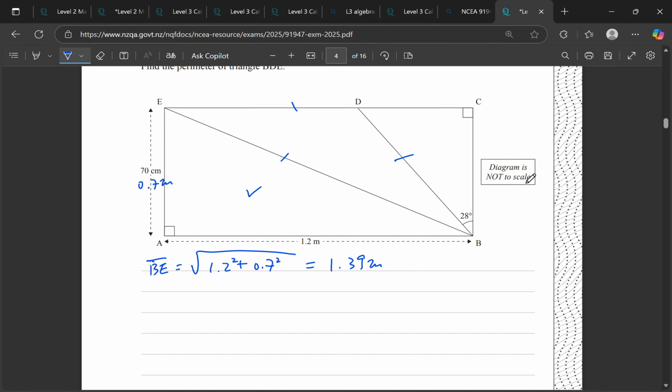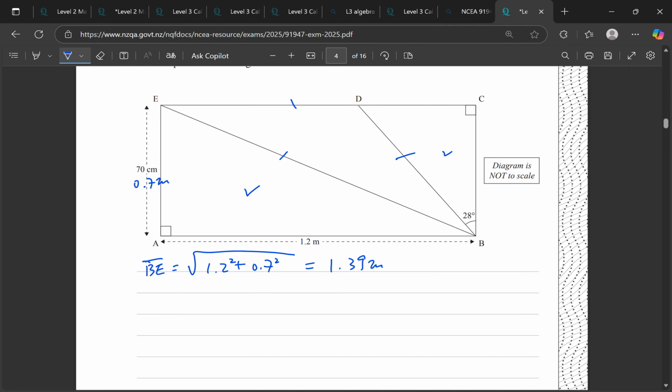Then from this triangle I can find BD. Use cosine because that side is 0.7.